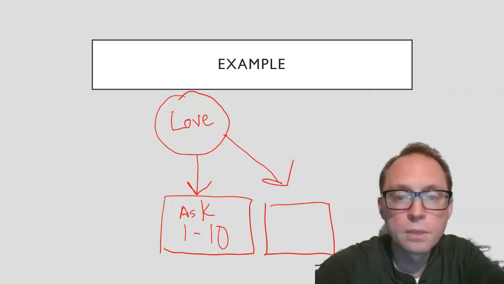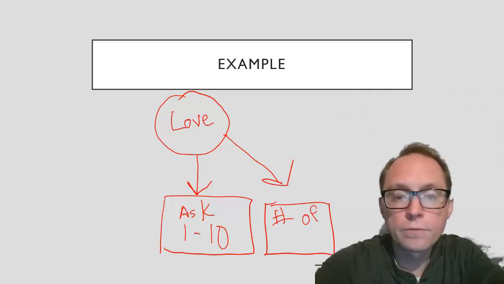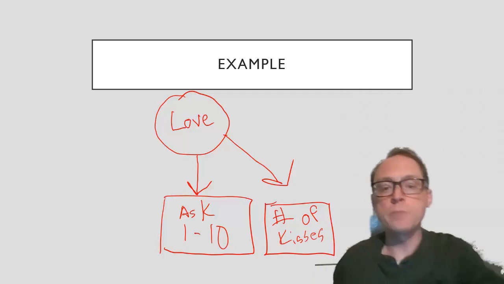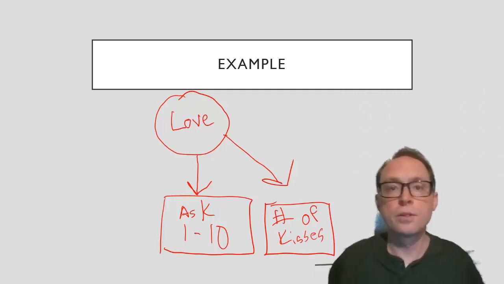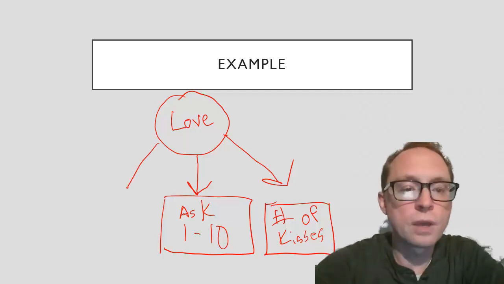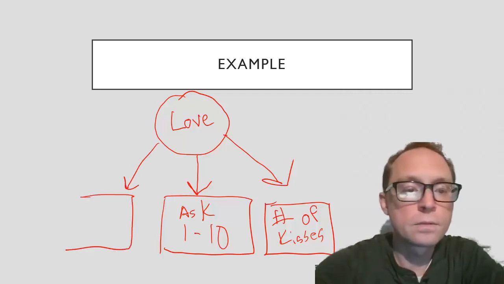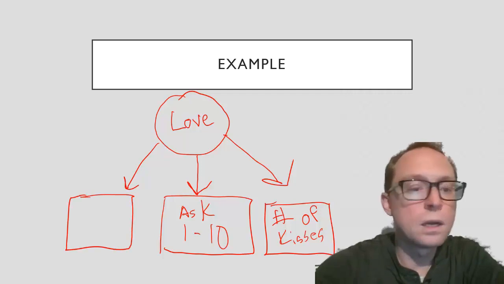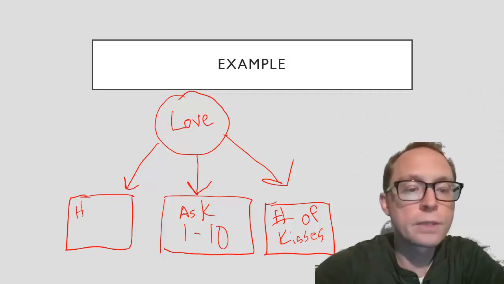So for example, I could count the number of kisses. I look at two people, the number of times they kiss each other, the more kisses, the more love, right? There's other ways that I could measure love. I could measure your heart rate.